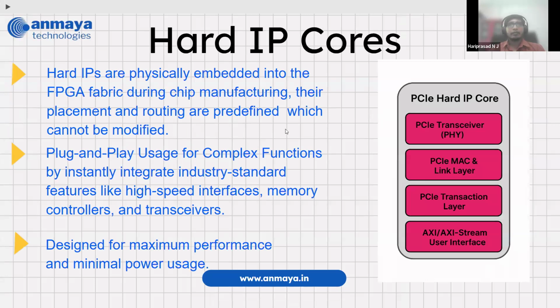See, this is one example of a hard IP core. This is a PCI IP core. Hard IPs are physically embedded inside. You can see the PCI transceiver. When I talk about the PCI transceiver, it is actually SerDes lanes.